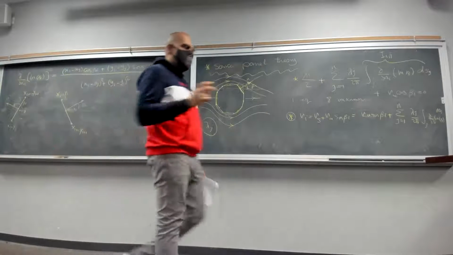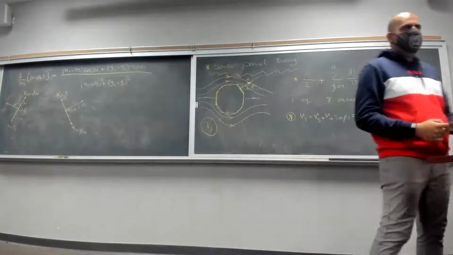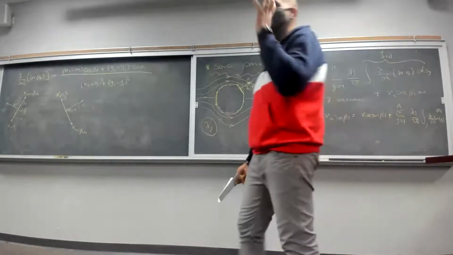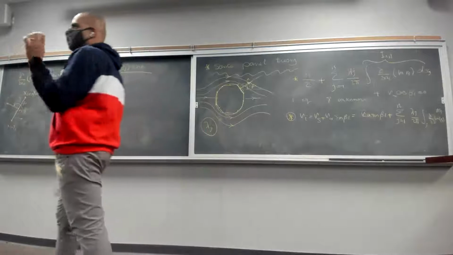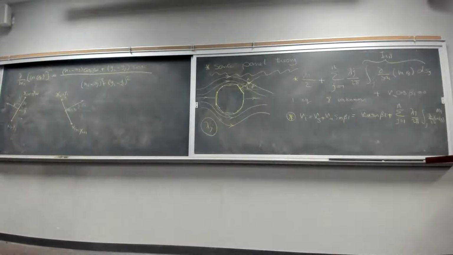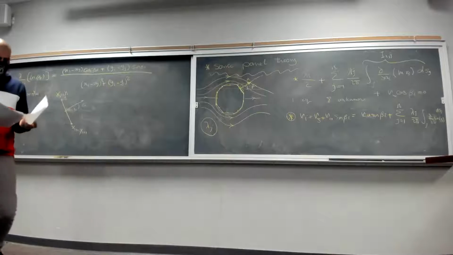Again, we are trying to find a general solution. So if you find this general solution, you can use it and apply it to any source panel problem that you want to solve. You don't need to go through all of these integrations yourself. Your book has done some simplification in solving this example problem to make everything a little simpler. I'm not going to go over this.